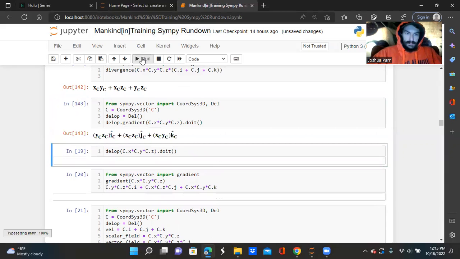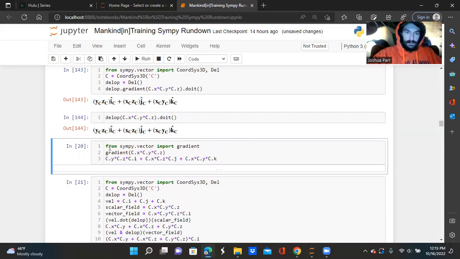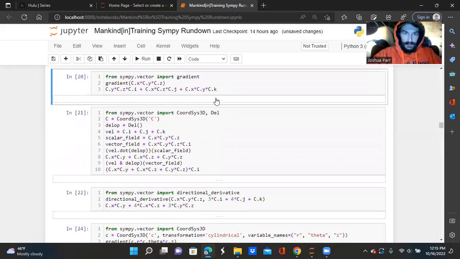So, doing it here, yczc i hat c plus xczc j hat c plus xcyc k hat c. And now I just want the del op without the gradient. We get yczc i hat c plus xczc j hat c. So on, so forth.